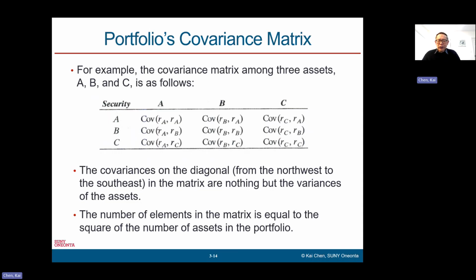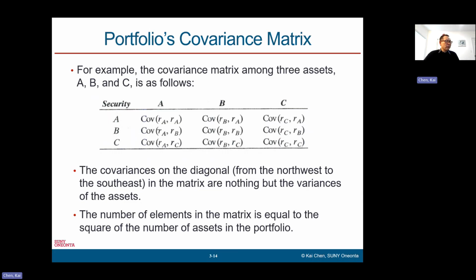In other words, each element of the matrix tells us the covariance between the asset given at the top of each column and the asset given at the left of each row.